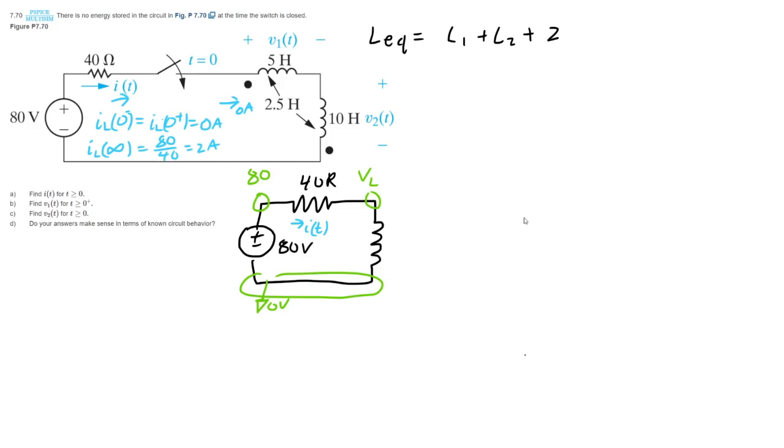They don't add in this case. Minus 2M. So if L1 is 5 plus 10 minus 2 times 2.5, that's going to be 10 Henry as our equivalent inductance.